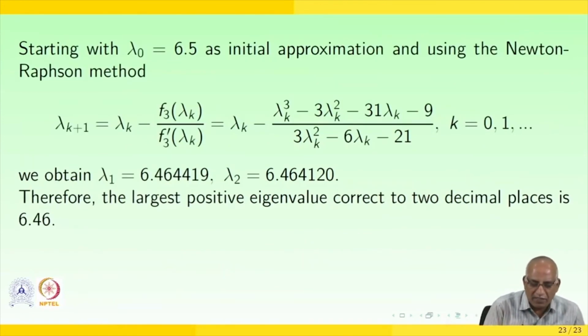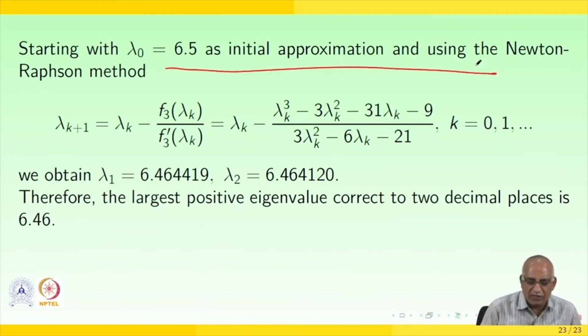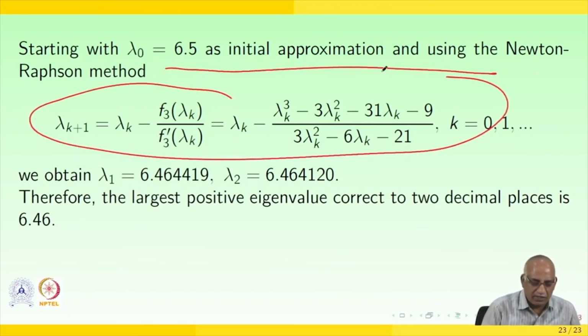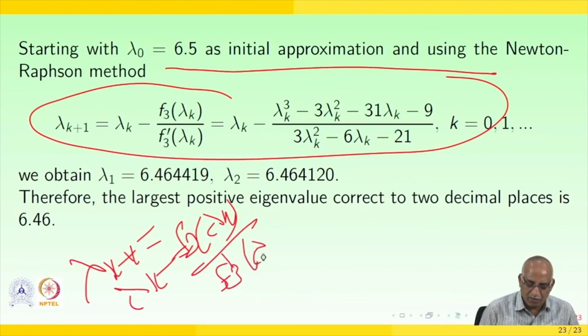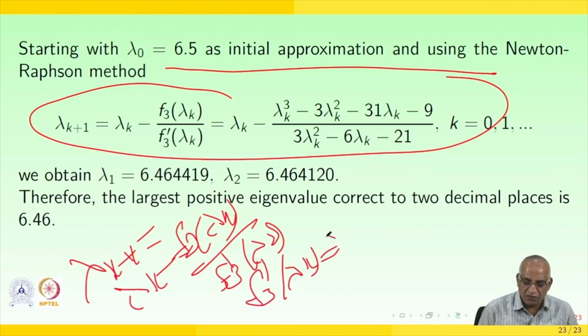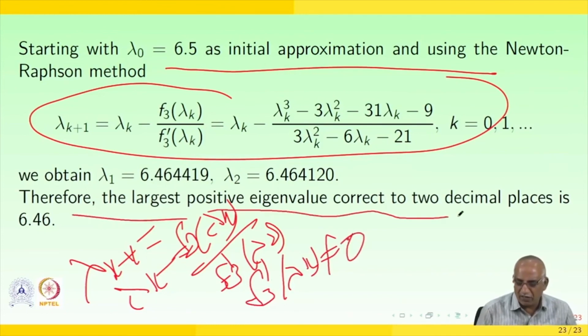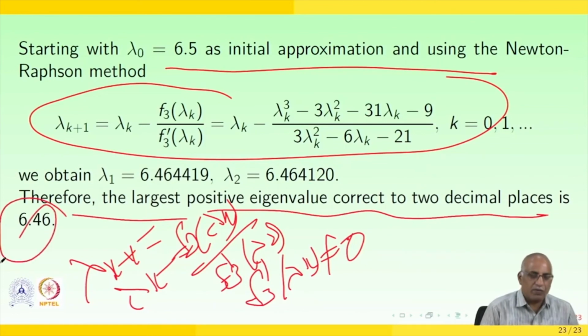So starting with lambda equal to 6.5 as the initial approximation, we use the method lambda k plus 1 is equal to lambda k minus F3 of lambda k upon F3 prime of lambda k, assuming that F3 prime of lambda k is not 0. Therefore, the largest positive eigenvalue correct to 2 decimal places is 6.46.